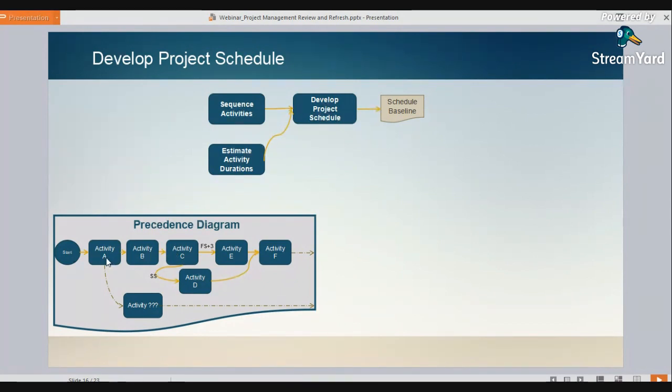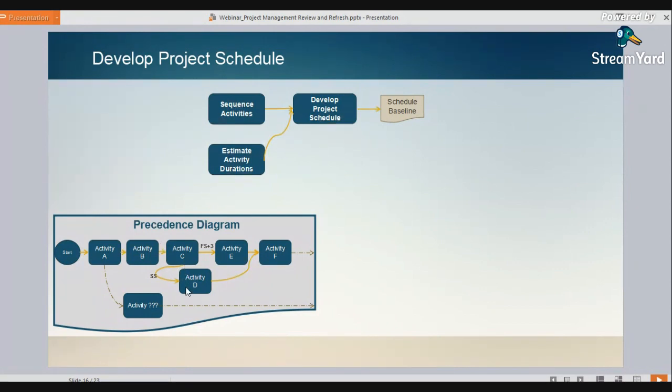A is a predecessor of B. B is a successor to A. So these arrows indicate that activity B cannot start until activity A is completed. Activity C cannot start until activity B is completed. That is the most popular dependency relationship.